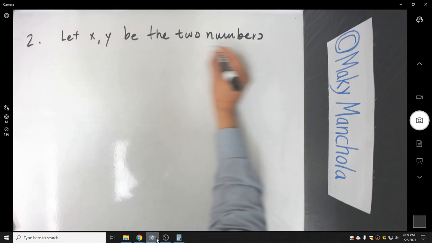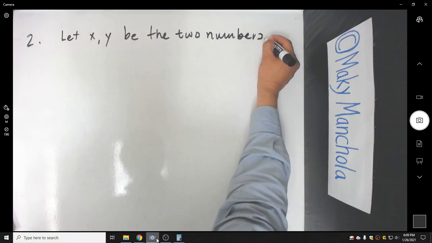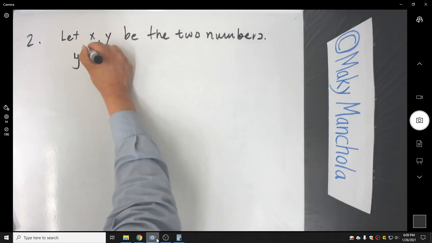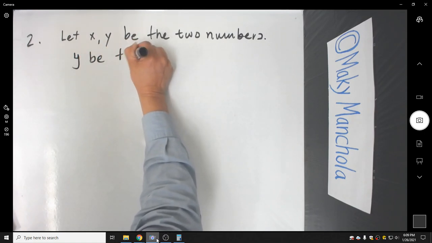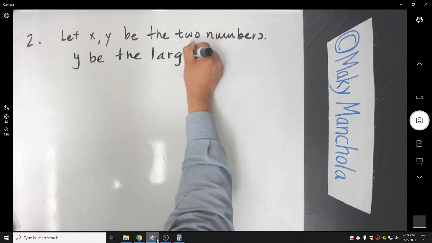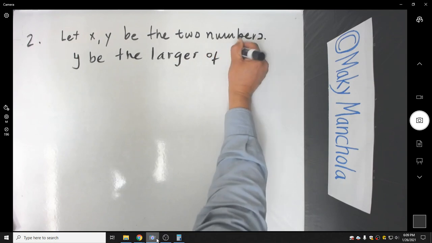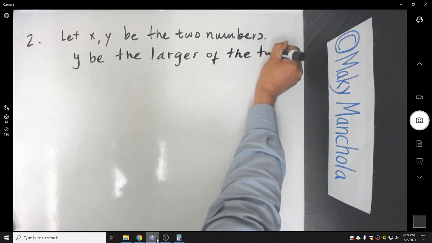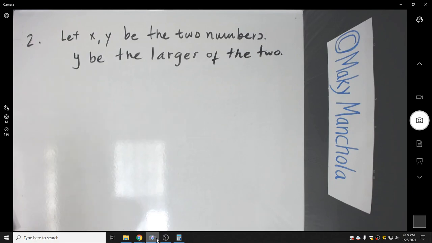So let x and y be the two numbers, y the larger of the two. Okay, so our first relationship says that the larger number is 2 more than 3 times the smaller.